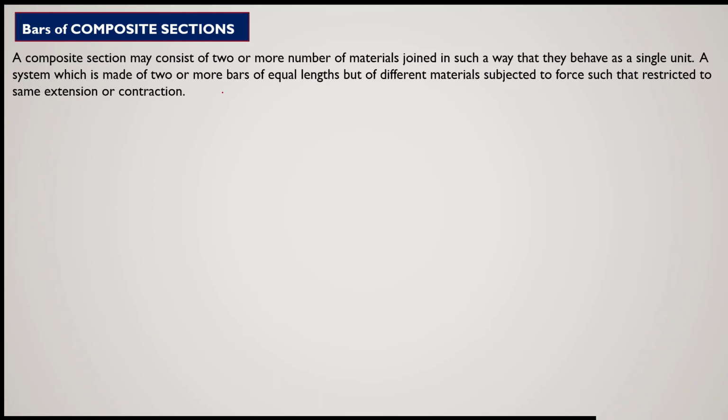So if you have a composite section, which may be a hollow section or a solid section, made up of two types of material, A and B, and the two bars are joined such that equal extension is only allowed. So it is restricted that when we apply stress or load, the strain will be the same in both of the materials.